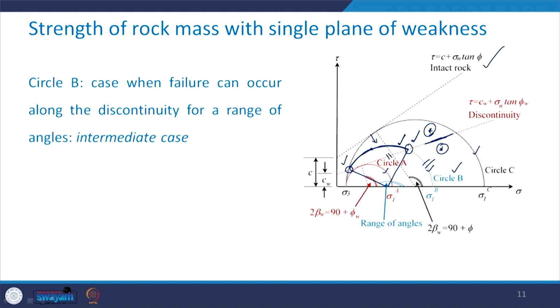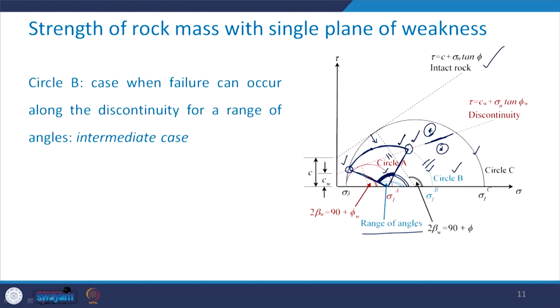If you have this line, you will have this angle. If you have this line, you will have this complete angle. Now, the range of this angle from here to here, which I am drawing with a solid thick line, is the range of the angle.